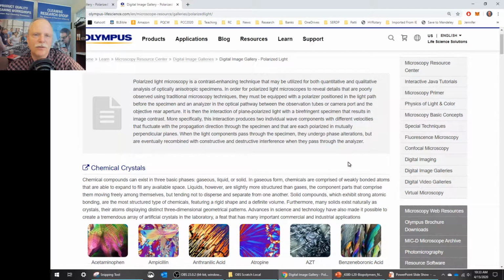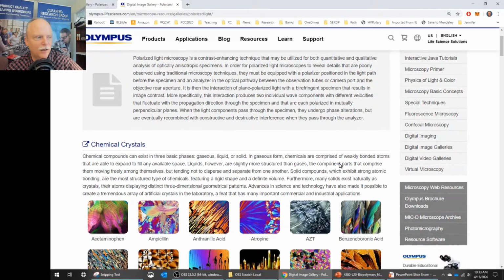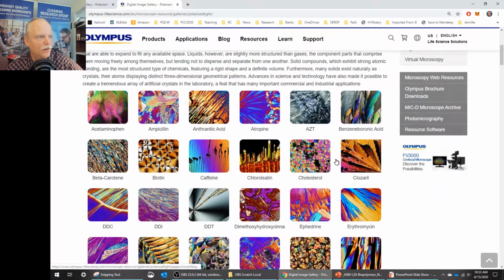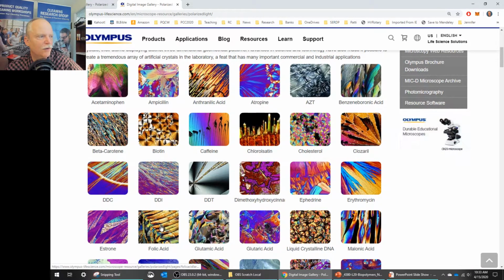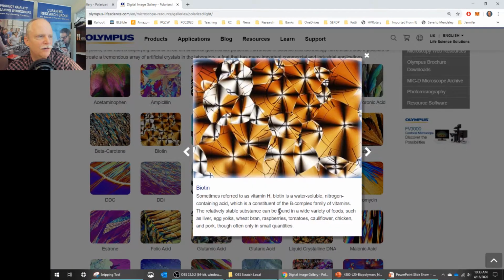Chemical crystals will also give different types of micrographs that may be forensically relevant. And so look at all of these different kinds of chemical substances. Now, some of them may be difficult to tell the difference between, like, anthranilic acid and maybe folic acid, but look at biotin. I mean, this is a very unique image that comes from all the different crystals of biotin.